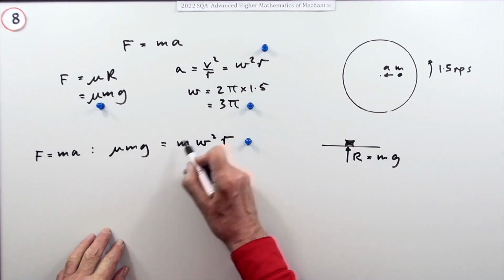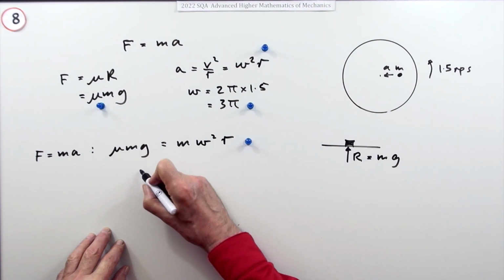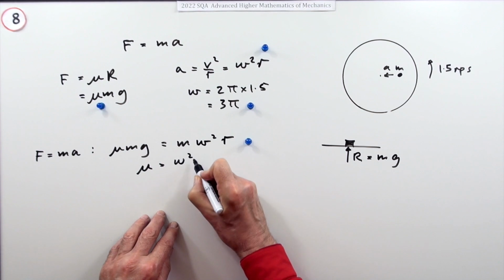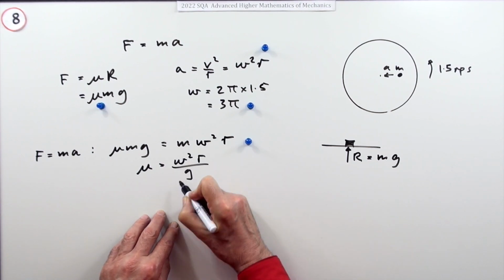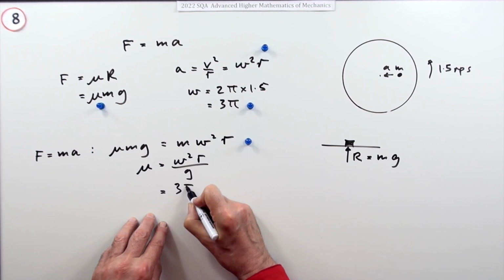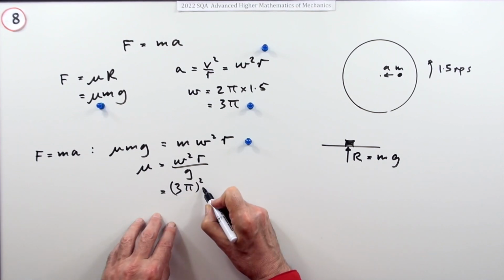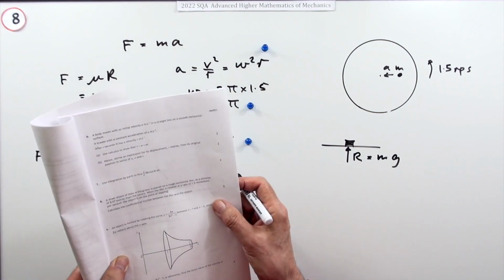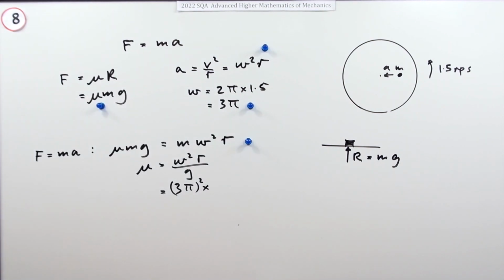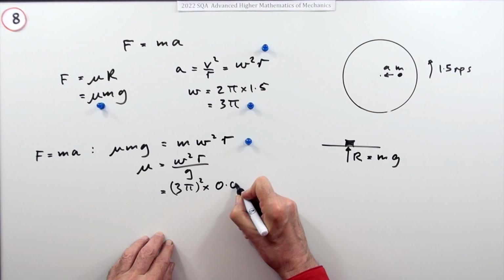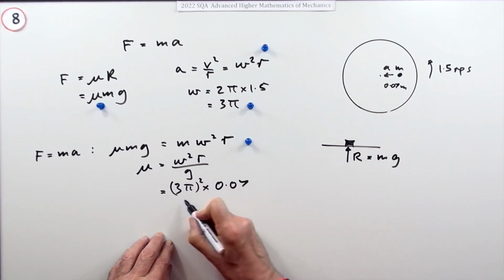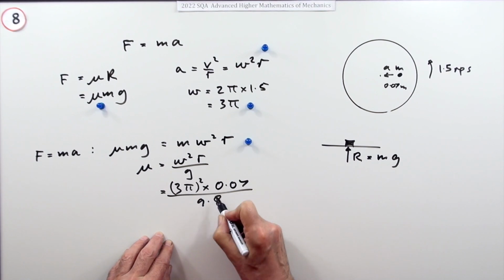Now you just put together, well, the m's will cancel out. So to leave mu with the m's cancelled out, I'm just left with omega squared r upon g. 3 pi squared times, and I've forgotten what that was, at a distance of 0.07, 0.07 metres, over 9.8.